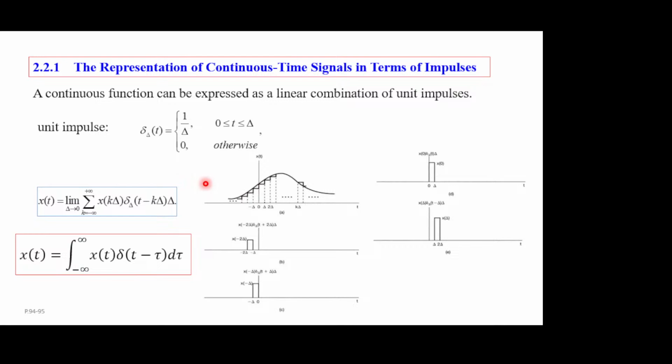We do this triangle thing. So whatever x function here, we try to replace it with a lot of rectangles. So we cut the time interval into a lot of delta. So we have this 0 to delta interval and delta to 2 delta interval, and maybe at some point we have k delta to (k+1) delta interval.